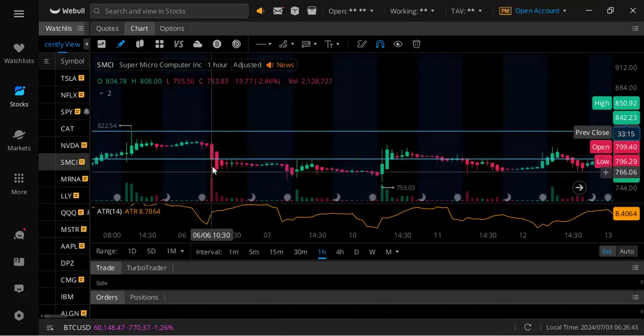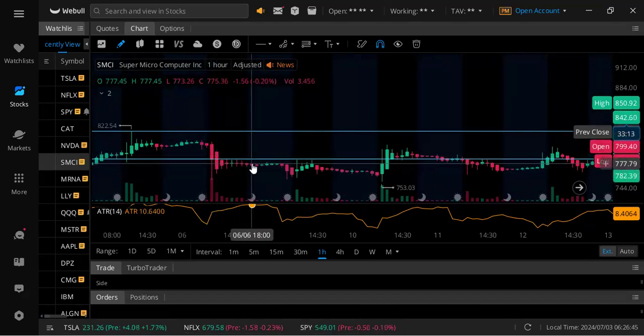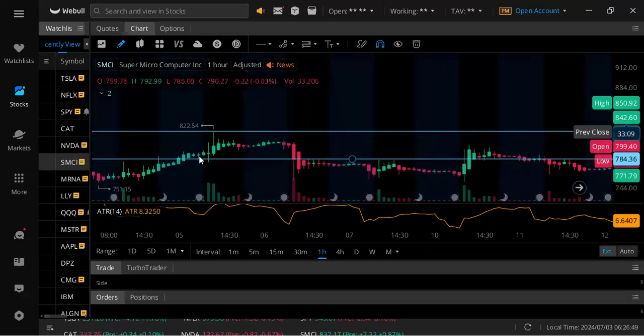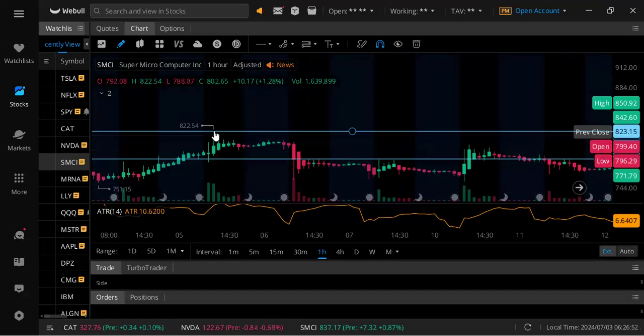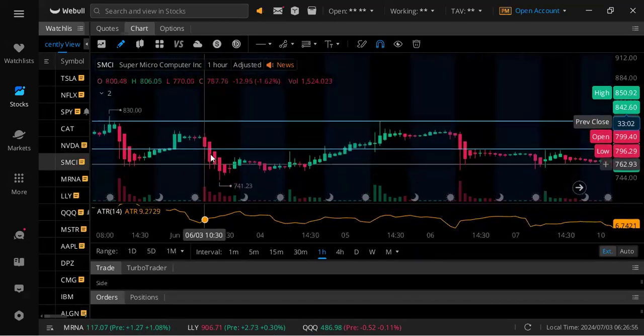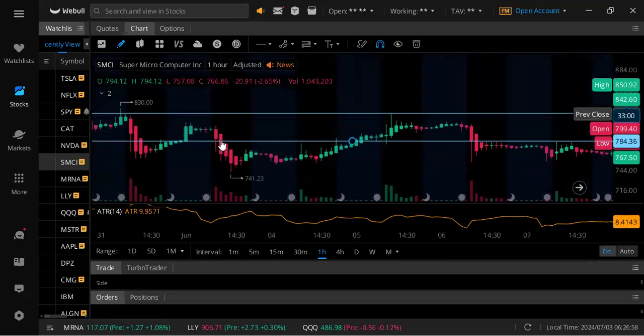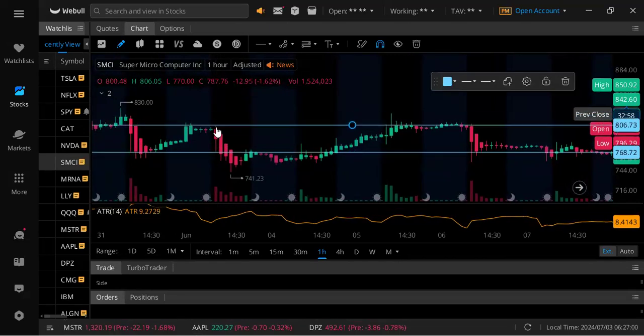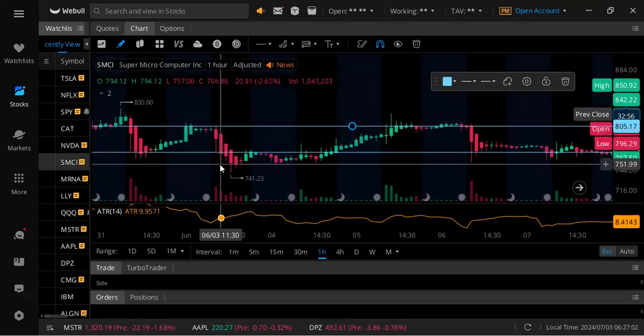You see here, we went down. Then inside bar, it was going sideways because the first candle was indecision. Here we had a doji indecision, it went up, but the rest of the day it was going sideways. So this day we had indecision the first hour, but the next hour it broke below it.